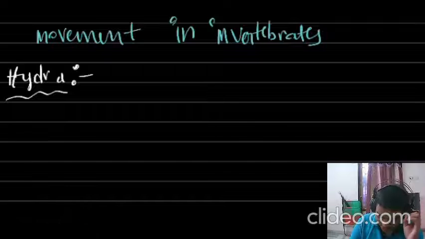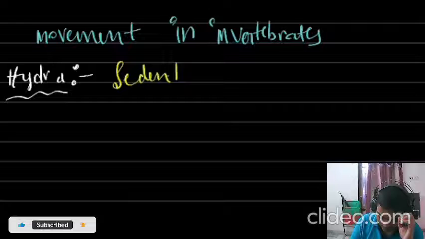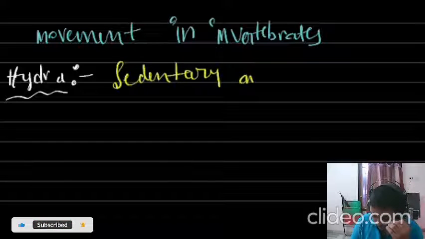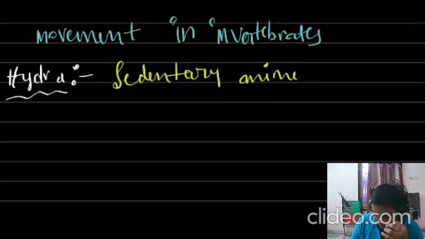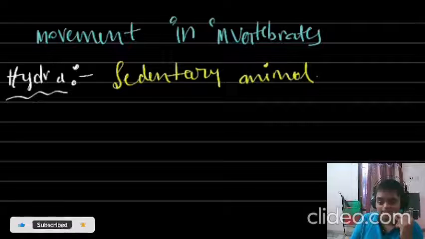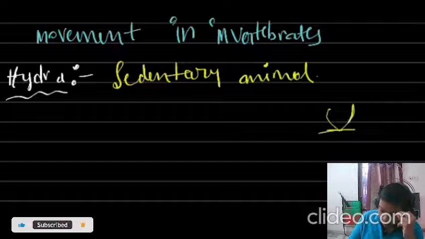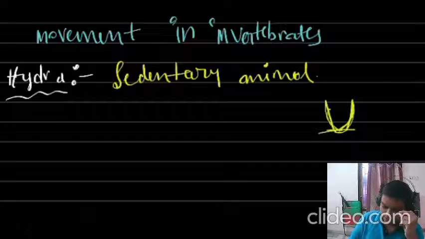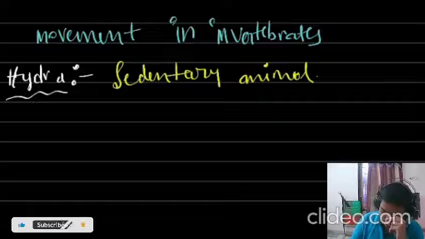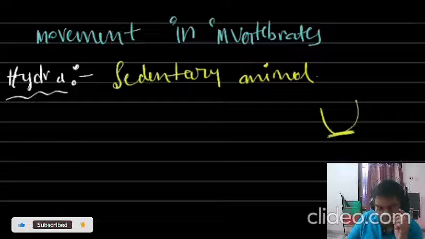It is a sedentary animal. Please remember this word, sedentary. A little later I'll be telling you the meaning of this. Sedentary animal means its base is fixed to the substratum. Think for some time that the structure I am drawing here is Hydra. It is the base.